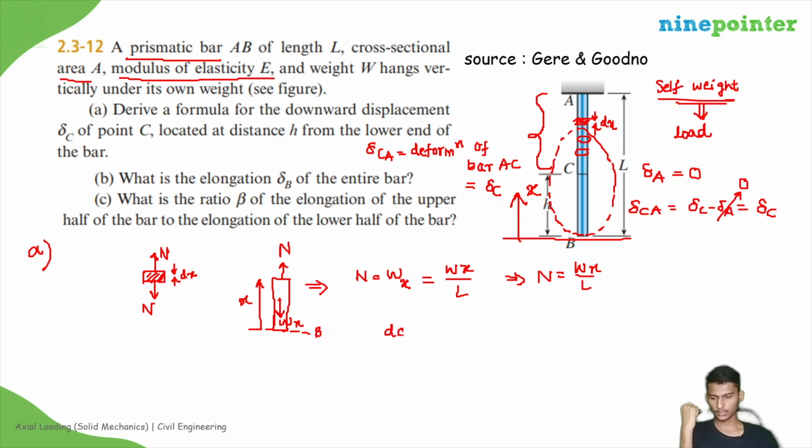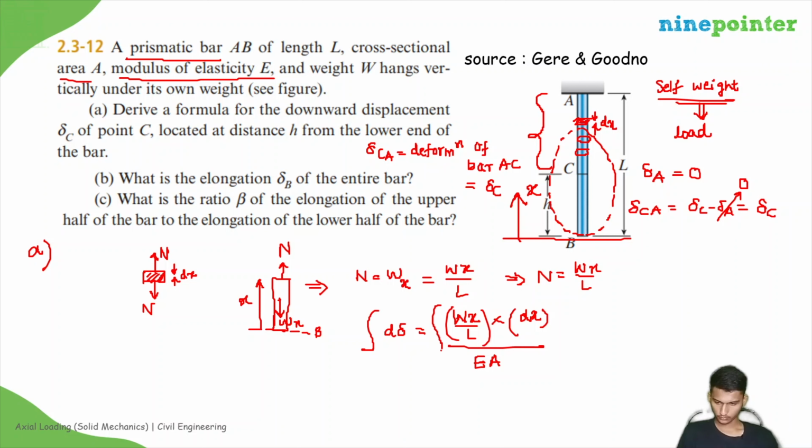So d delta is equal to n into dx divided by EA, that is, Wx by L into dx by EA, right? The length is dx and divided by E into A. So you can integrate it.